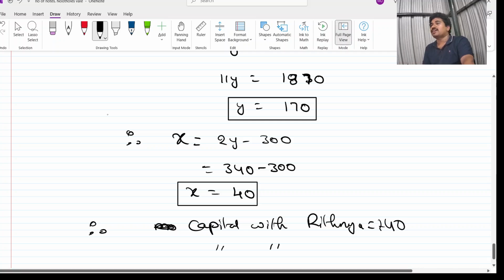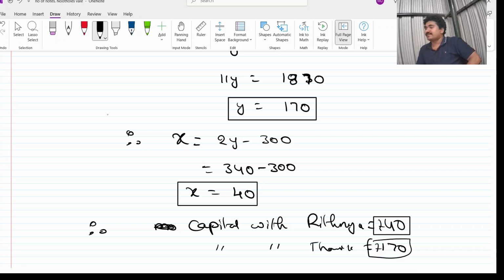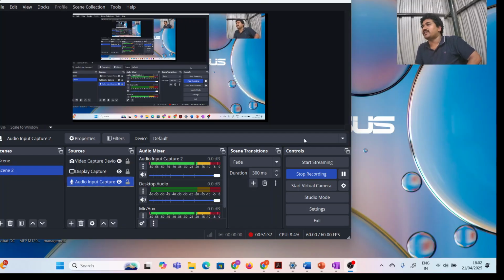Capital with the other girl, Tanika, is 170 rupees. Understand? Is that clear for everybody? The persons whoever I said have to repeat these questions again. Fine. You can leave now.